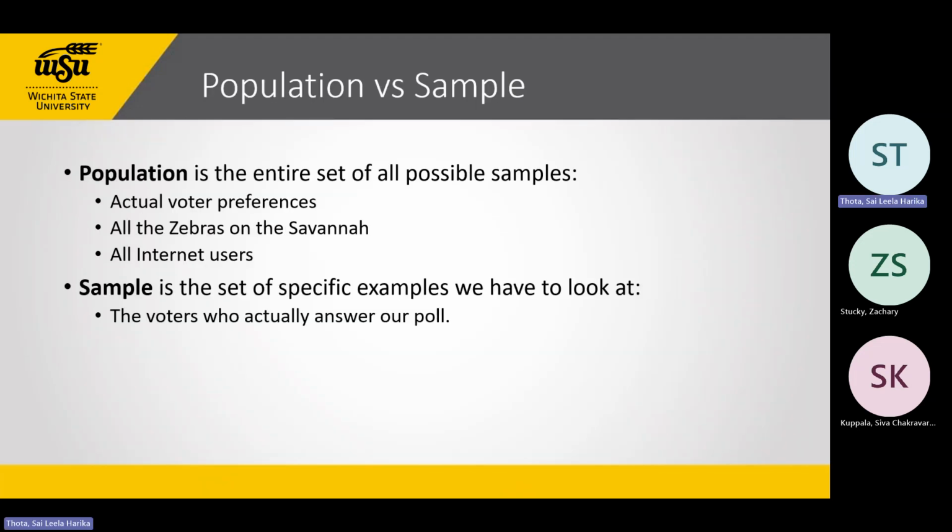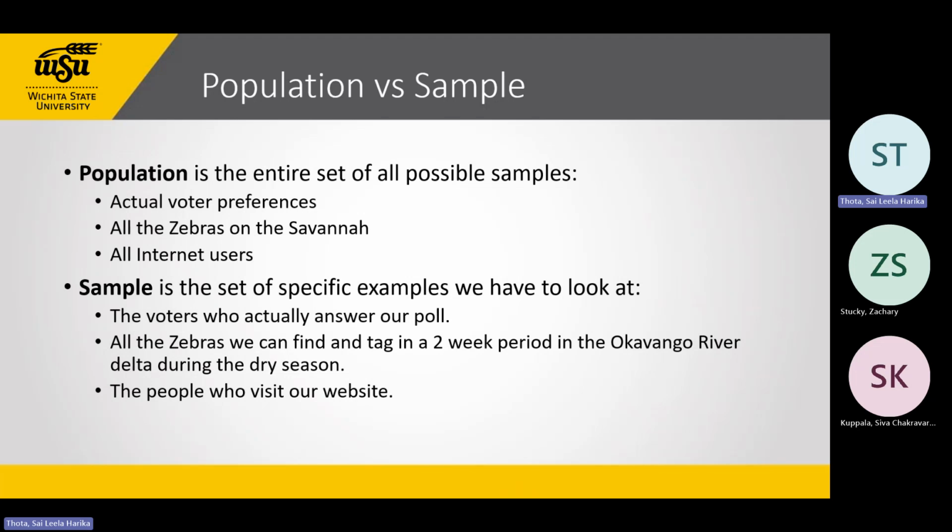Now let us discuss population and sample. Population is nothing but considering all possible samples. Like I said before, if you want to measure the height of all people in the university, what comes under the population? You are considering all people in WSU. Those come under the population.